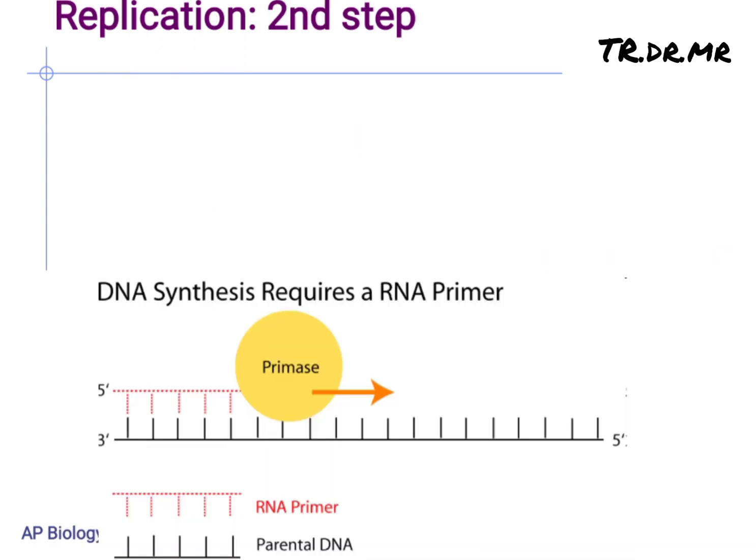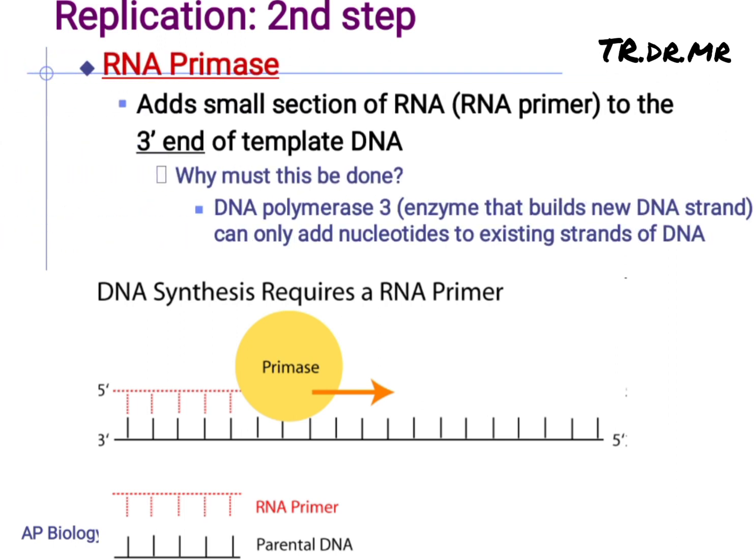So our second step is going to be that we have to prime. Before we can form the new DNA strand on the parent strand, we need to start by priming the DNA. We do priming of the strand because of this enzyme known as DNA polymerase 3. We will realize that we have a number of different examples of polymerases.